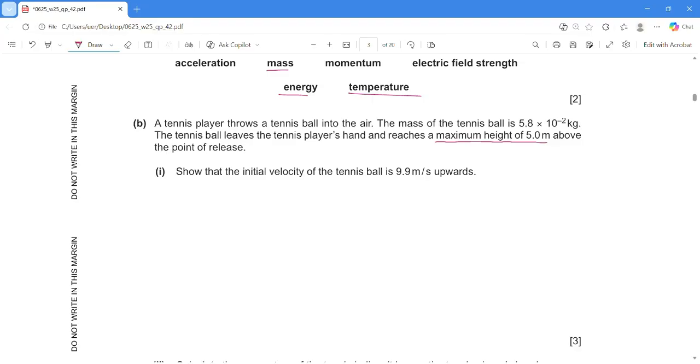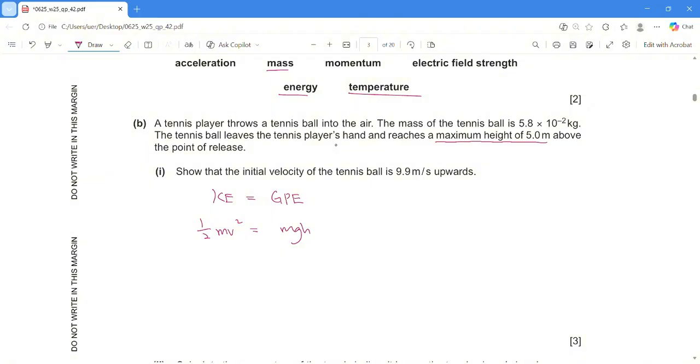So it's basically the conversion of energy from KE to GPE. Okay, so we have this formula, KE equals GPE, kinetic equals gravitational potential energy. So the formula is half mv squared equals mgh.